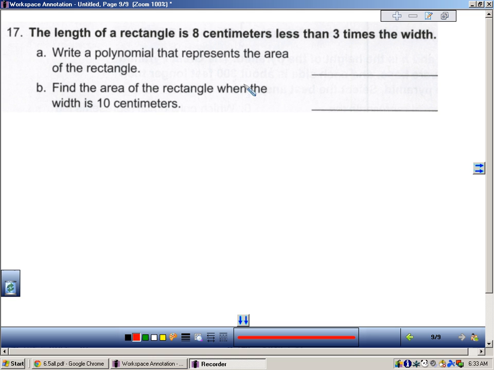The length of a rectangle is 8 centimeters less than 3 times the width. A, write a polynomial that represents the area of the rectangle. And B, find the area of the rectangle when the width is 10 centimeters.